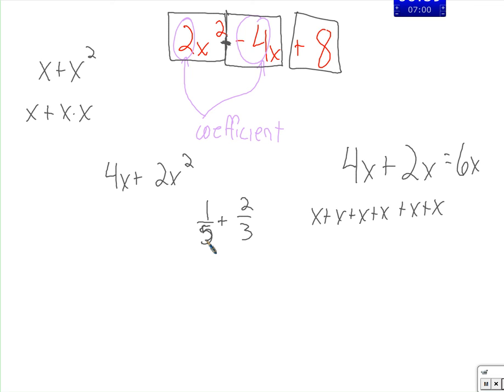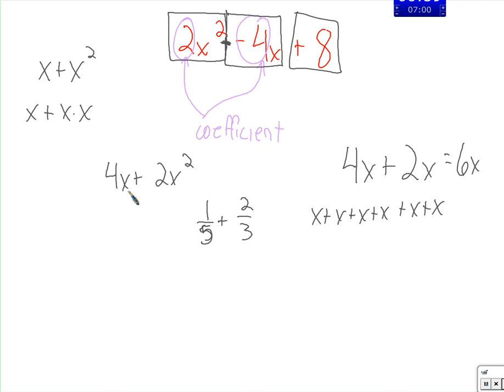Just like going back to when we talked about adding fractions, fifths and thirds are different things. What makes a fifth different from a third? The size of the piece of the whole, right? So they're different. They can't possibly go together, like apples and oranges. These are likewise apples and oranges. If this is x, this is x times itself.